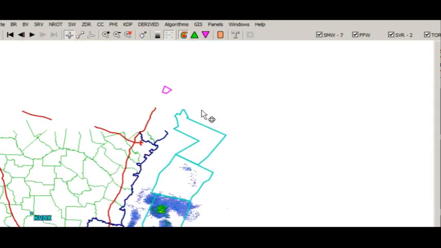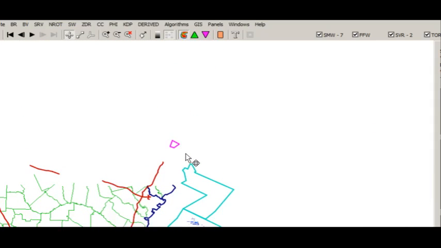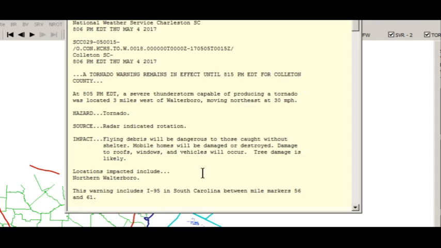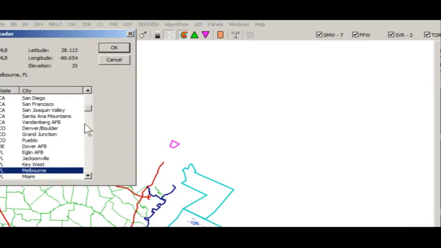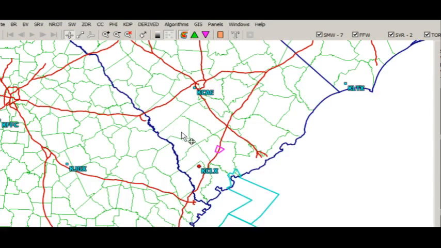And then I'm going to shift this up to South Carolina, where we have a tornado warning. And this was issued at 8:05 p.m. So I think we're going to need to pick up the Charleston radar to take a look at that. Okay, so that'll take just a second to load.